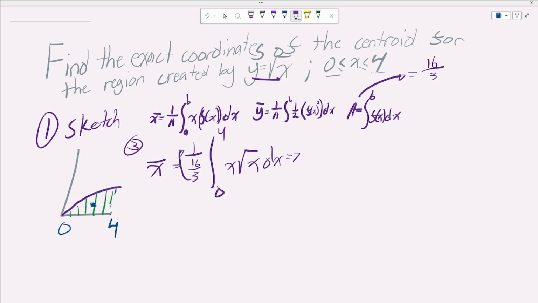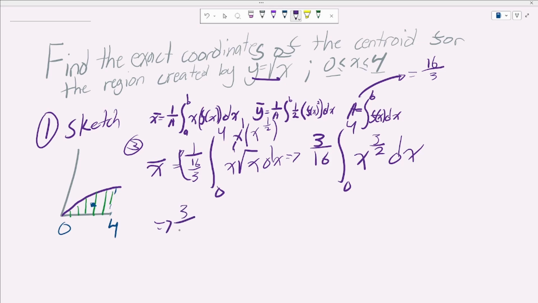We'll take that 3 and move it up to the top, so we'll have 3 over 16 of our integral going from 0 to 4 of x times x to the 1/2. Using our exponent rules, we'll have x to the 3/2, since 1 plus 1/2 is 3/2. So x to the 3/2 power dx.